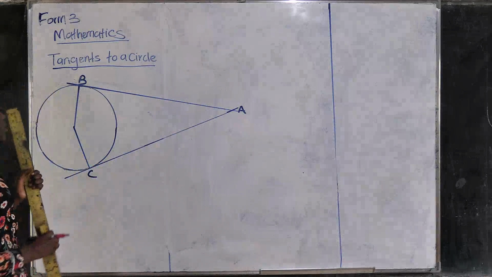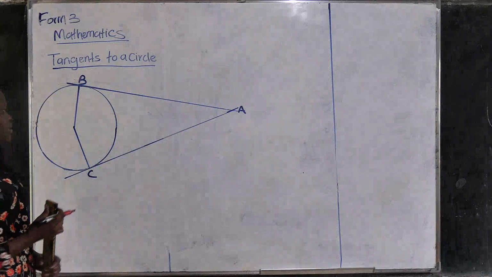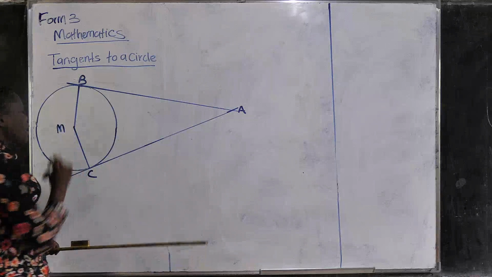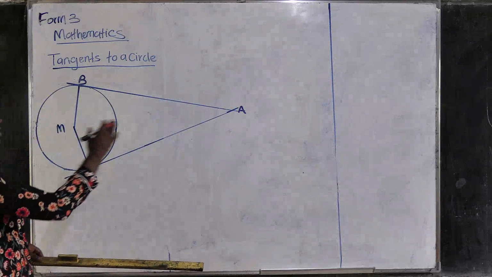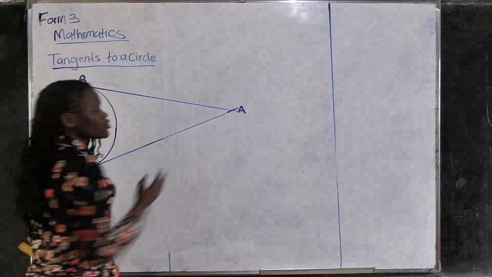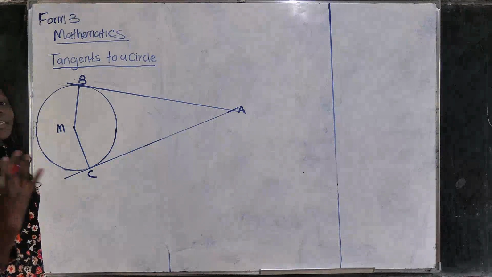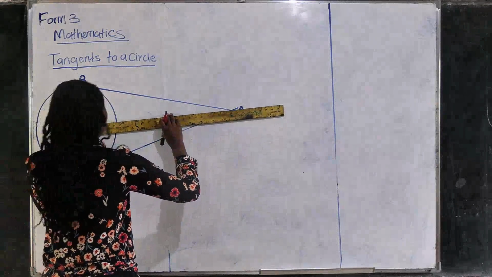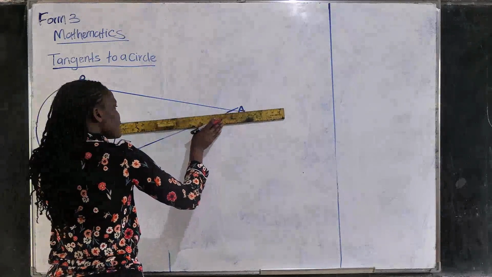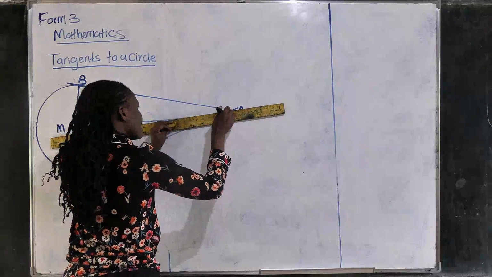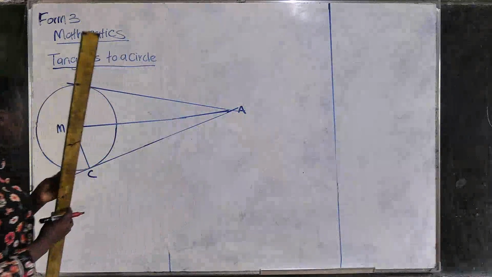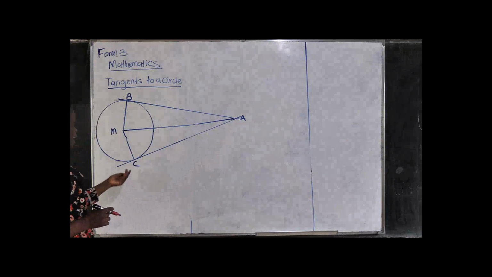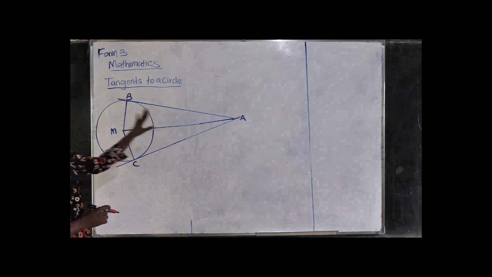at that point. The center is M, and there is a line that divides the angle that is formed by two tangent lines meeting externally outside the circle. For example, let's draw the line. So we have line MA, we have line CA, we have line BA.